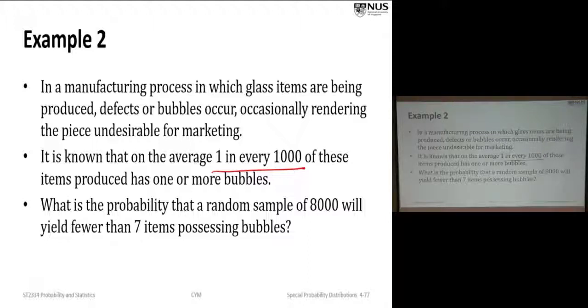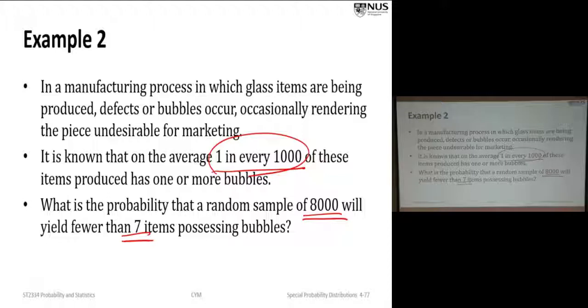So in other words, we produce glass panels, and some have defects. For each panel, the chance that it is defective is 1 over 1,000, a very small chance. So you expect that among 1,000 glass panels, only 1 has problems. Now suppose we have 8,000. What is the chance that you will see 7 out of these 8,000 that have problems?